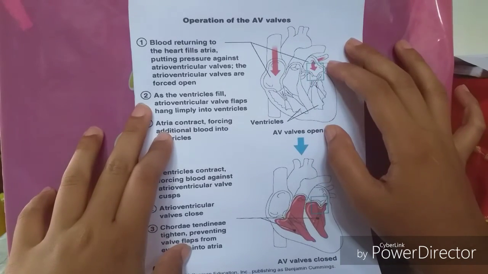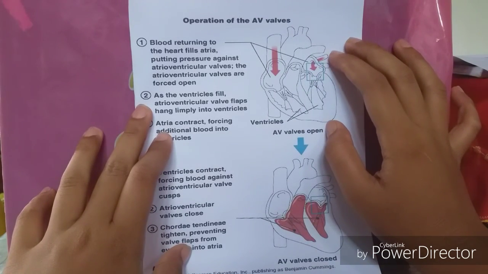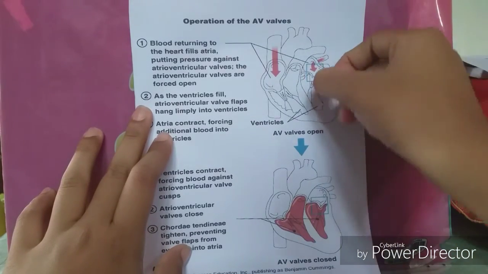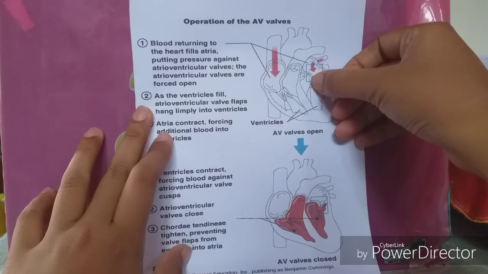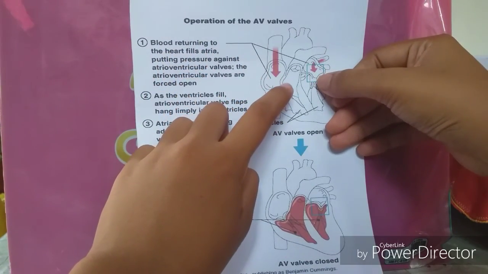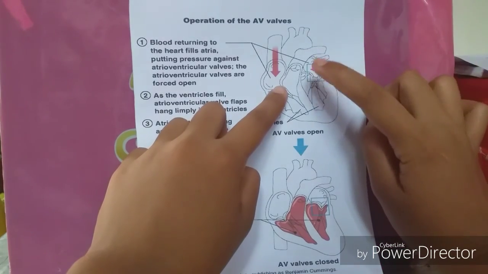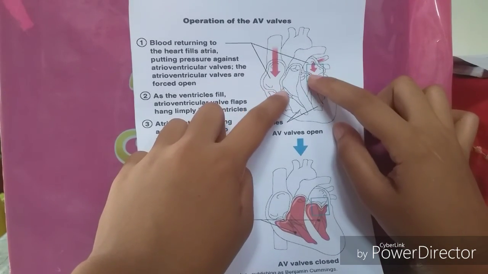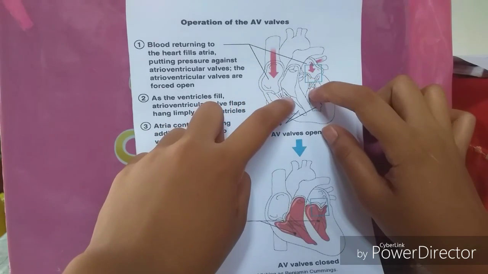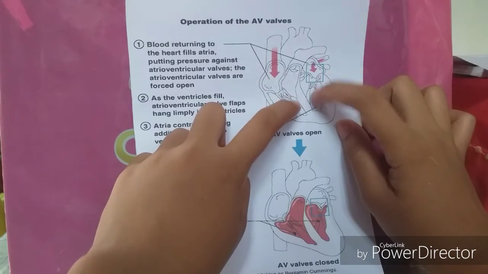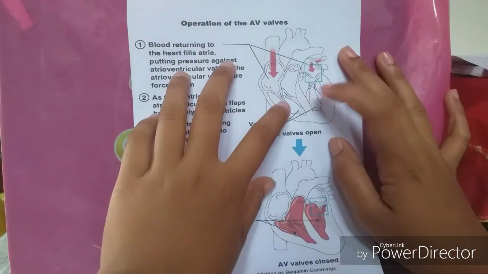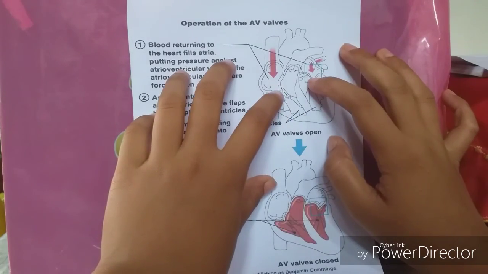Same with the left atrium, the bicuspid valve opens as the atrium contracts. So the blood enters through the tricuspid and bicuspid valves. The more the atrium contracts, the more blood will flow out to the left and right ventricle. When they are full, the valves close.